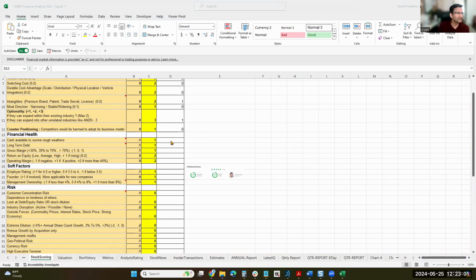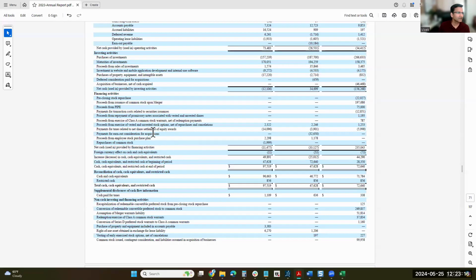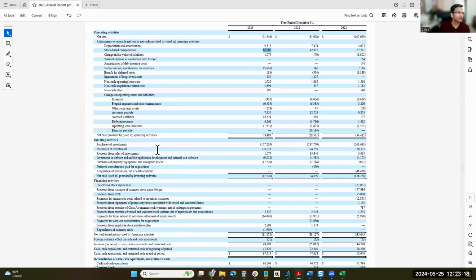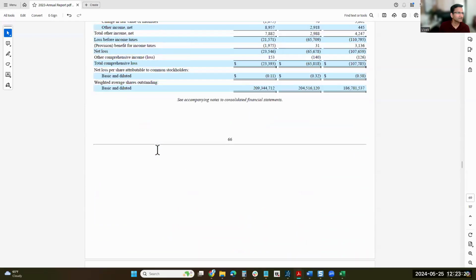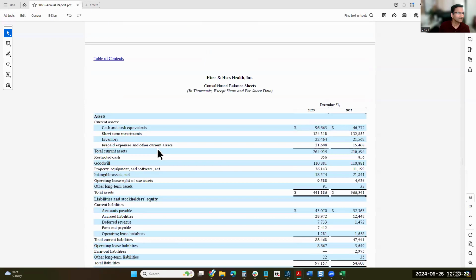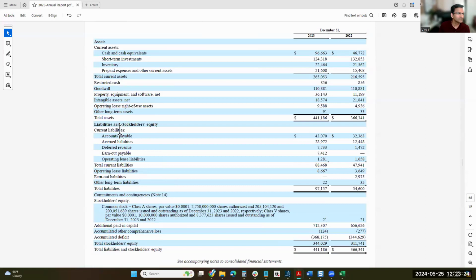Financial health, cash available to survive rough weather. Not much cash. We already saw they hardly have 200 million in cash. Long-term debt. Let's look at how much long-term debt they have on their balance sheet. Let's look at the debt.